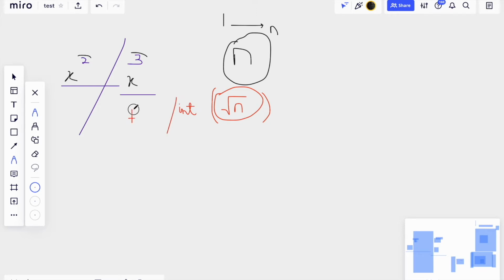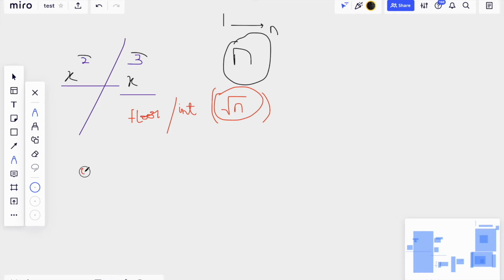If you are not aware of the floor function, you can look it up on GeeksforGeeks. Floor is basically the greatest integer which is less than or equal to that number. So I have taken the square root of n as itself.